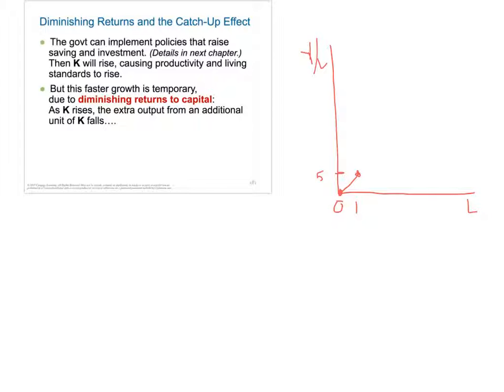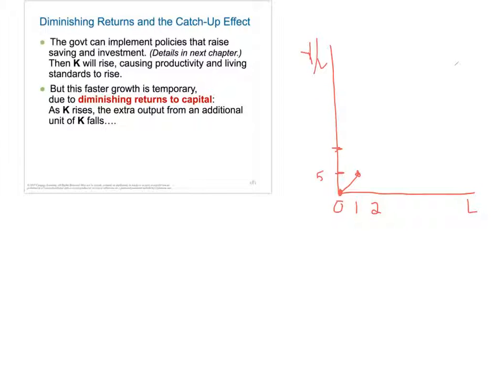Now when I add a second worker, most people would think that this graph here should proportionately go up in a straight line. And that's actually not the case. What happens is that as we add the second worker, the productivity that we get out of that worker is going to be something less than 5.